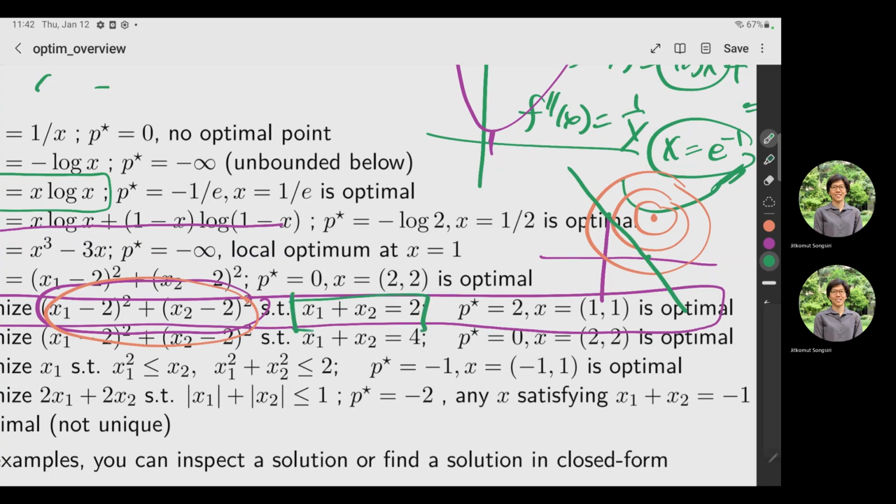Look at the constraint. It is exactly on the green line because this is an equality constraint. So your constraint set is the whole green line. Do not try to be imaginative, that it's a half space below or above.